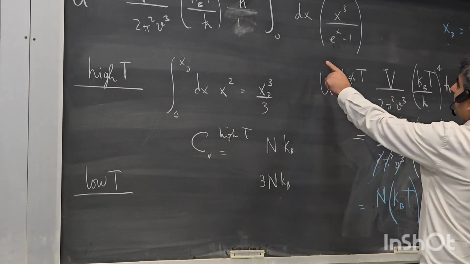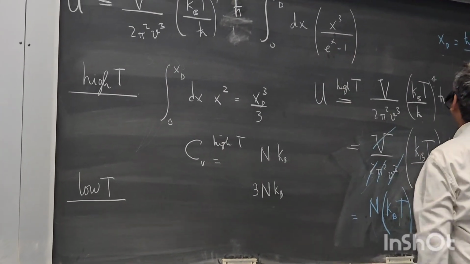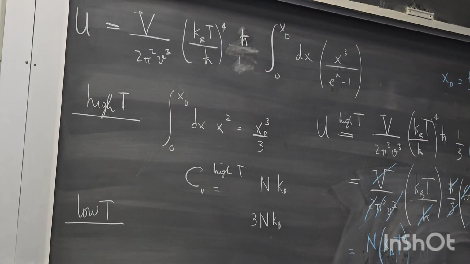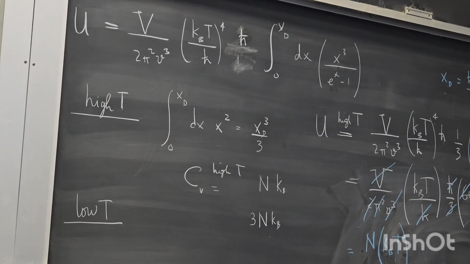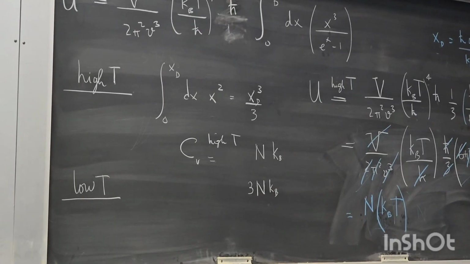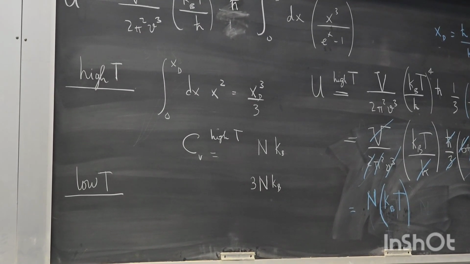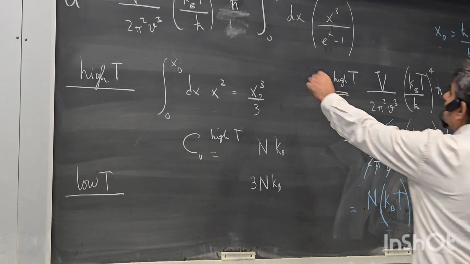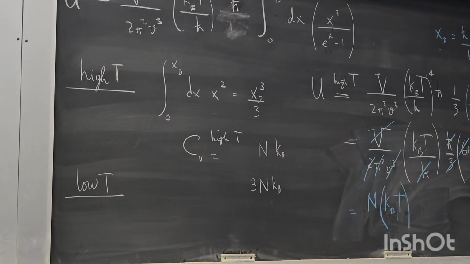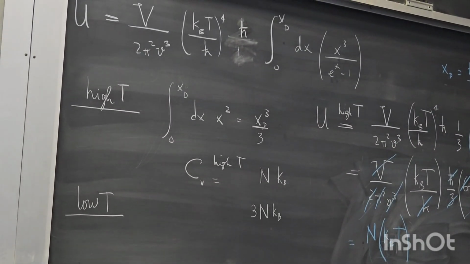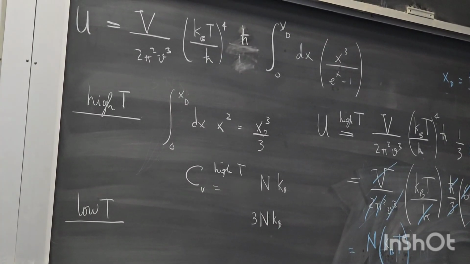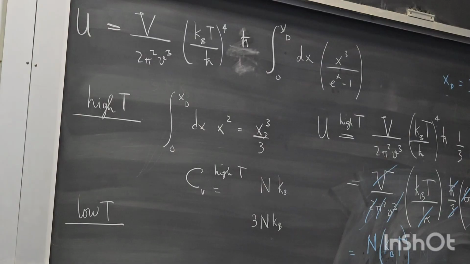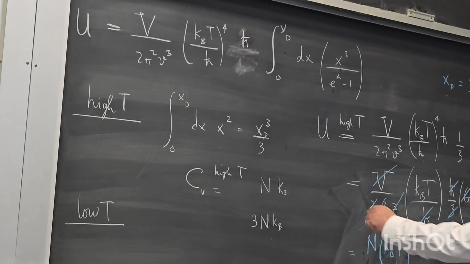So in the low temperature case, this x, which is h bar omega over kBT, becomes really, really large. So when this becomes large, this upper limit xD, for small temperatures, becomes really, really large.